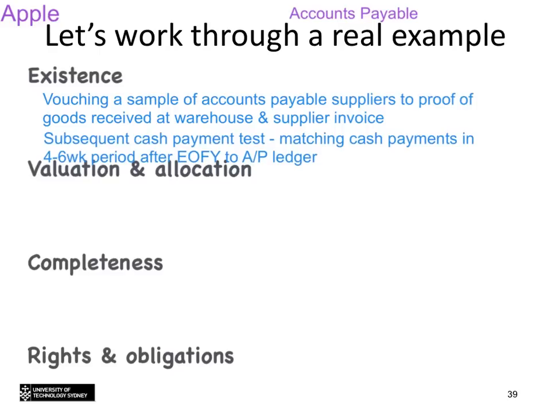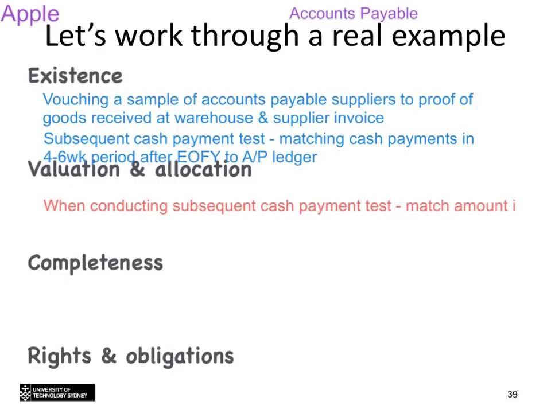All right, now let's do valuation and allocation. Do this in a different color. When conducting subsequent cash payment test, match amount from bank statement to accounts payable ledger record.